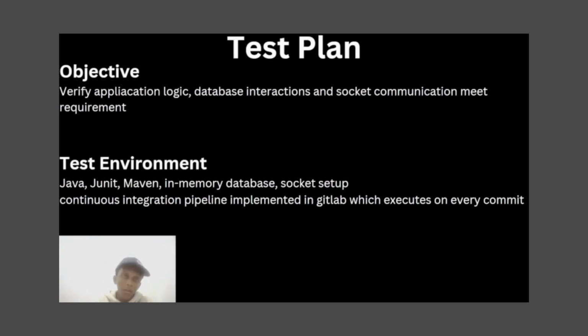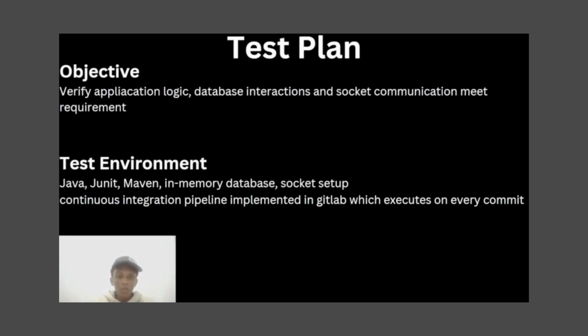Now, with regards to our test plan and robot worlds, our objective was to verify application logic, database interactions, and to ensure that circuit communication met requirements. Now, with our test environment, we utilized Java, JUnit, Maven, an in-memory database, and circuit setup.